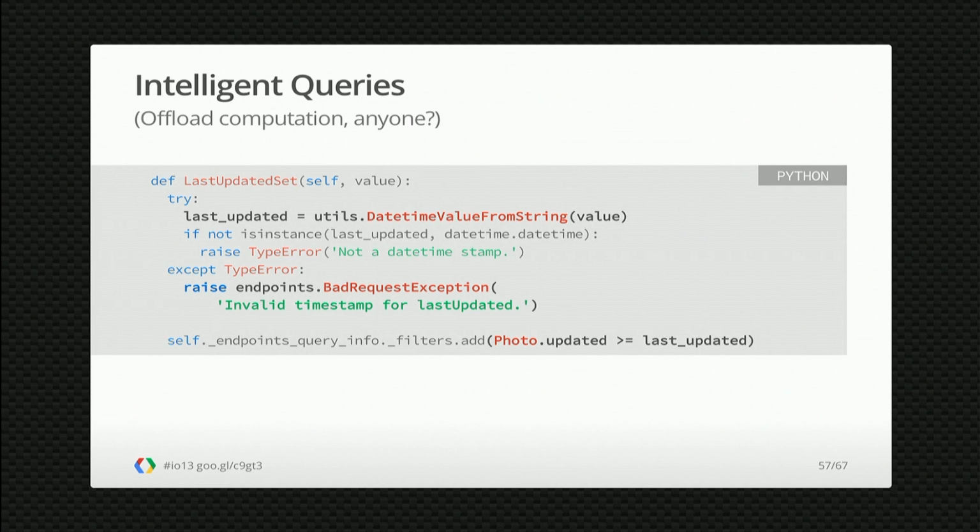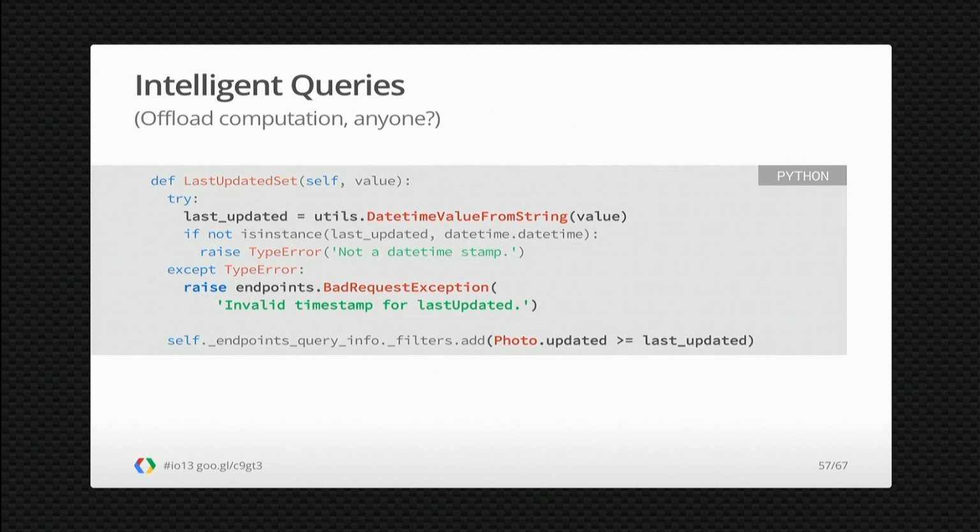And of course, if we did get good data, then we take the query associated with the request, and we are able to add a filter, which here says photo.updated greater than or equal to last updated. So what this does, it takes our data and says we only want the things which have been updated since, for example, 20 minutes ago, whatever timestamp came in through the request.